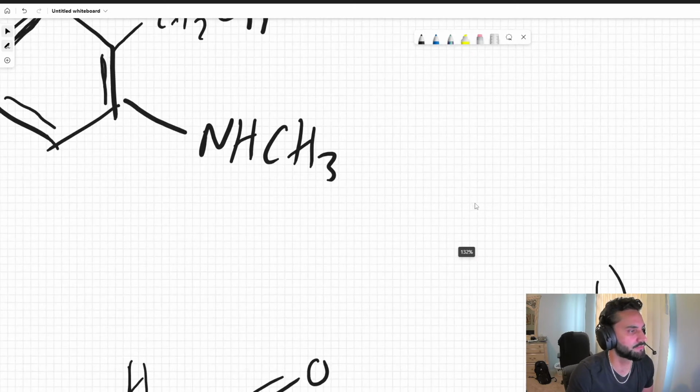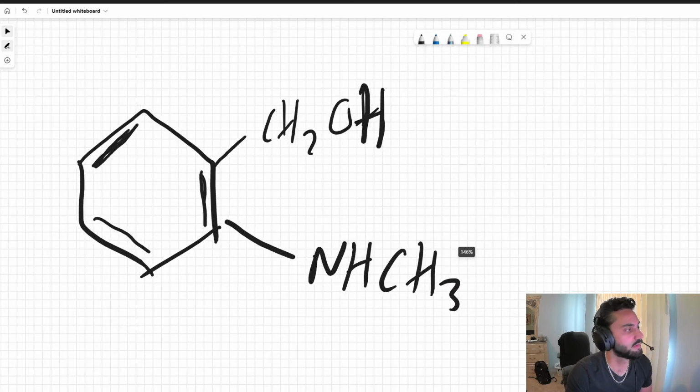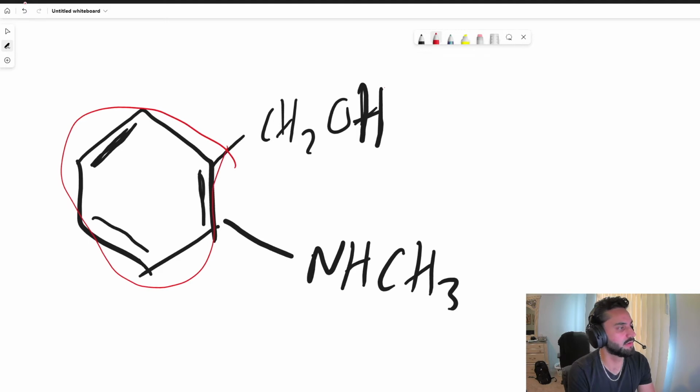So, for example, if you're given a compound like this one and told to name the functional groups here. The ring we call a benzene. So this is a benzene ring. Also, we call it an aromatic ring. This aromatic ring is attached to this carbon, and the carbon is attached to this OH group.